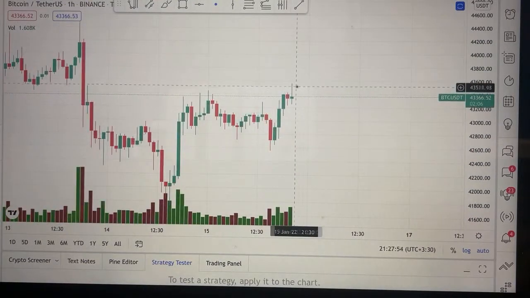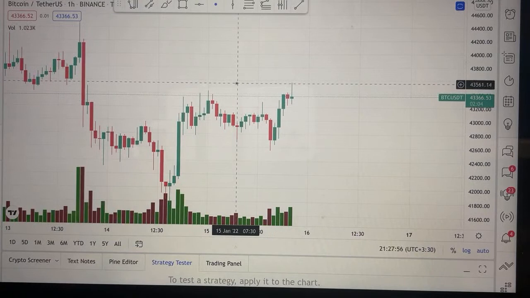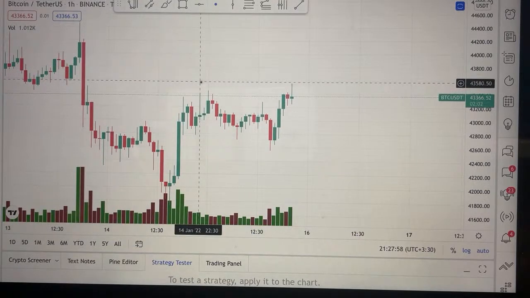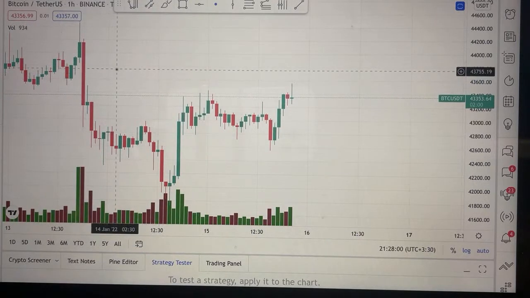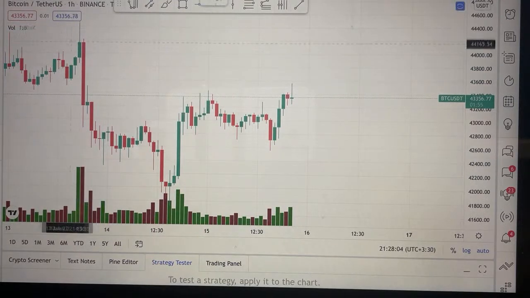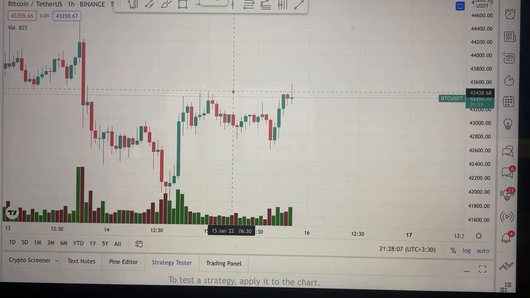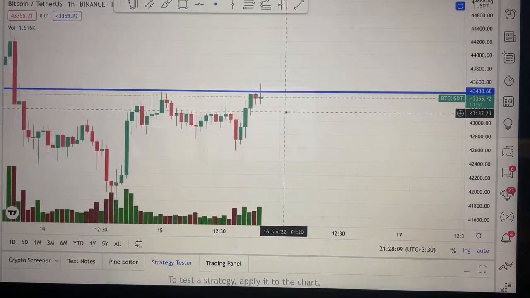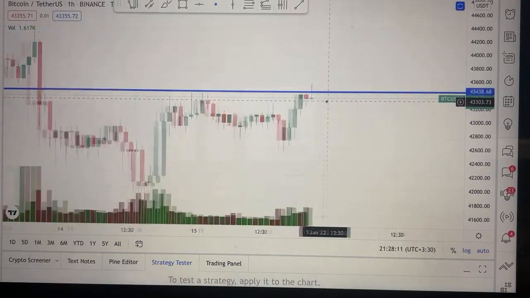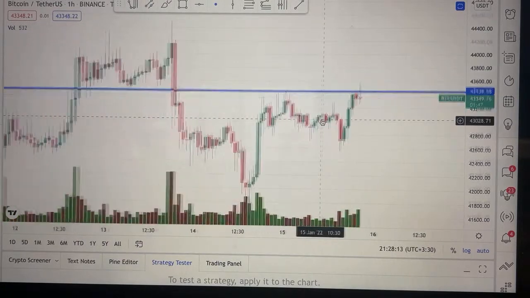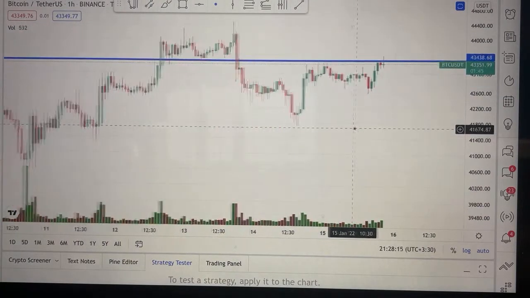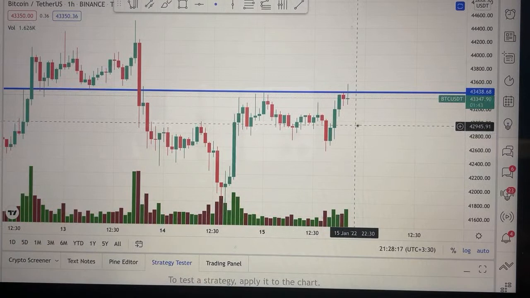We are having a long shadow to the upside again. If I see one big red candle on the 1 hour time frame, I'm going to enter a short position.